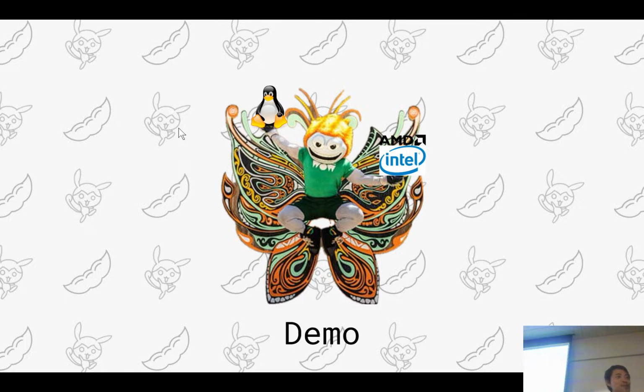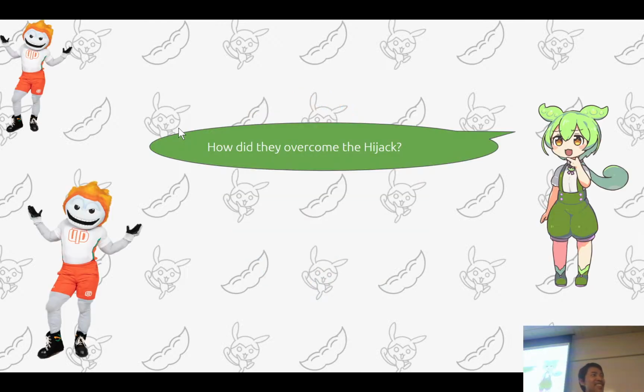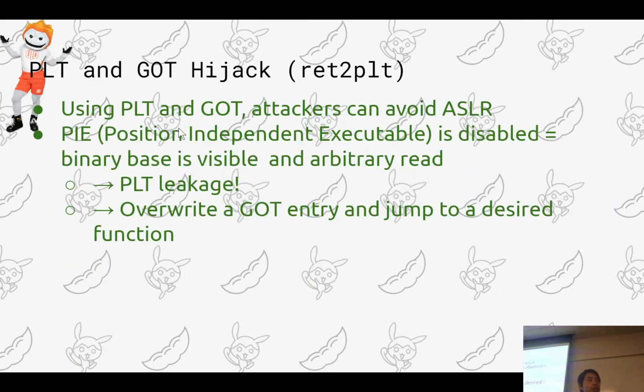This is really related to linkers, and I wanted to do a demo, but because of a technical issue I can't today. How do they overcome this PLT and GOT hijack? Does anyone have any idea to prevent this hijack? Enable PIE. That's good.